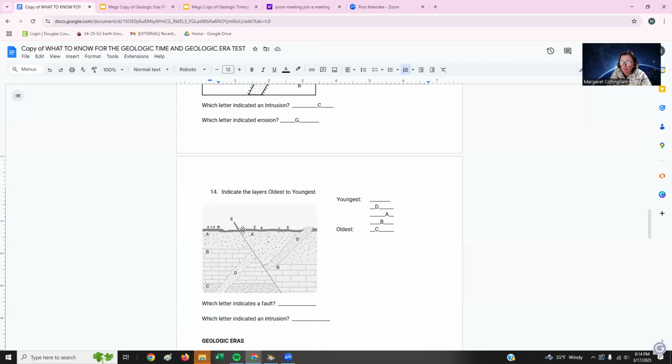Sorry, I thought E was at first the top layer, but it's C, B, A, then D, and it looks like the fault then went all the way through. What letter indicates a fault? E. Which one indicates an intrusion? D.